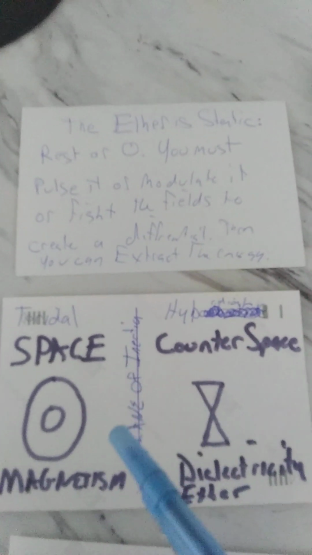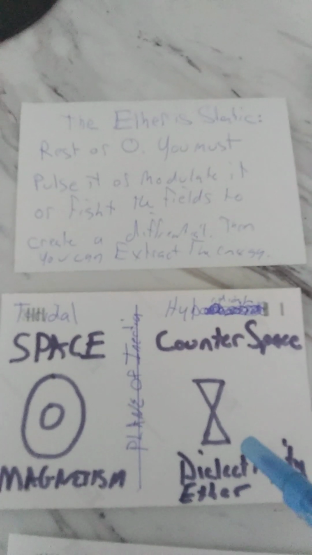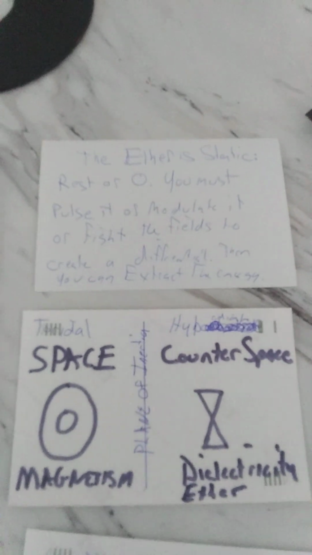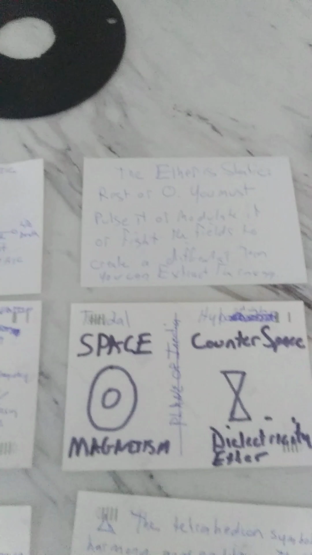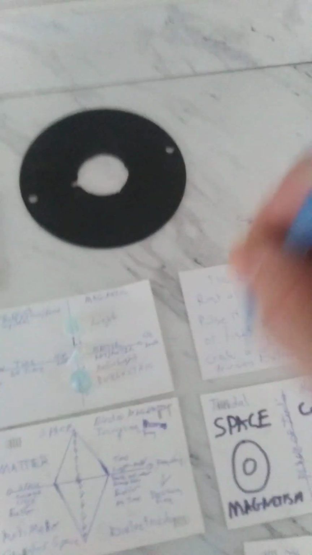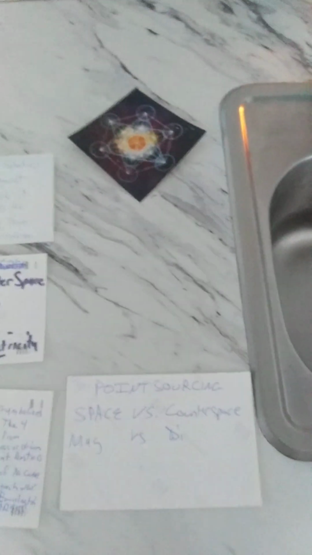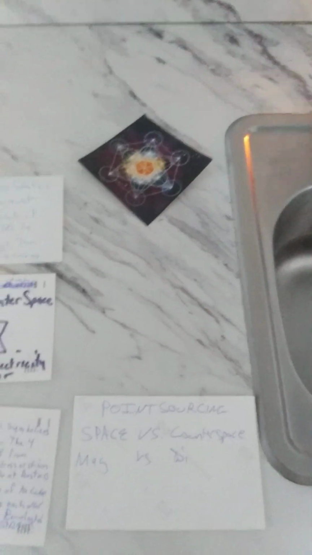You're taking the magnetism and going against the ether or the dielectricity. You're taking the dielectricity and going against the magnetism. So this would represent counter space. This would represent space. You're just fighting them, and it causes rotation. When you get high enough rotation, you can break the rotation of the Earth. That's how you cause liftoff.